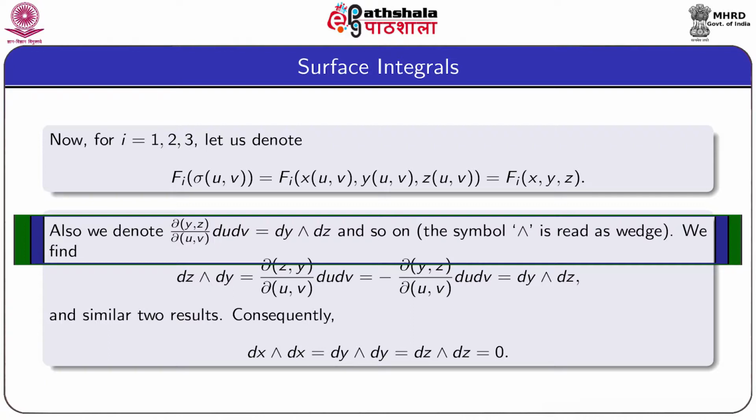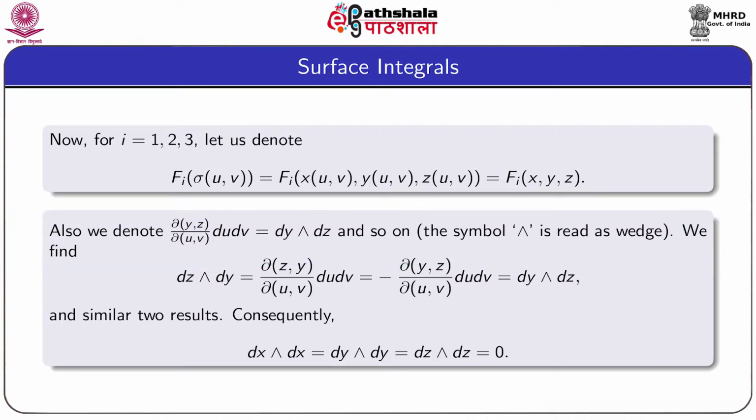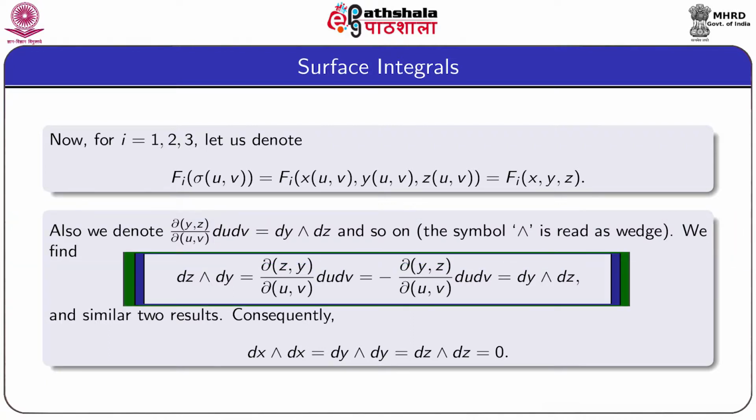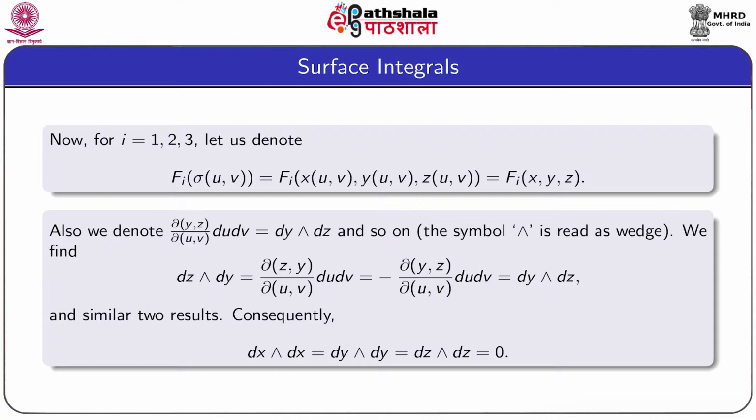We find dz wedge dy equal to Jacobian del(z,y)/del(u,v) du dv, and this equals the negative of Jacobian del(y,z)/del(u,v) du dv, which is nothing but the negative of dy wedge dz. So, the wedge product is skew symmetric. We can find two similar results. Consequently, dx wedge dx equals dy wedge dy equals dz wedge dz, which must be 0.